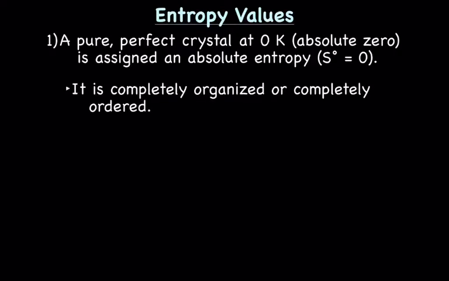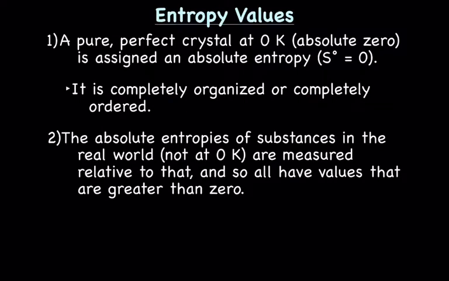So this crystal is completely organized and completely ordered. No disorder, no dispersion of energy. Now the absolute entropies of substances in the real world, the one that we live in, at not 0 K, are measured relative to that. And so they all have values that are greater than 0.